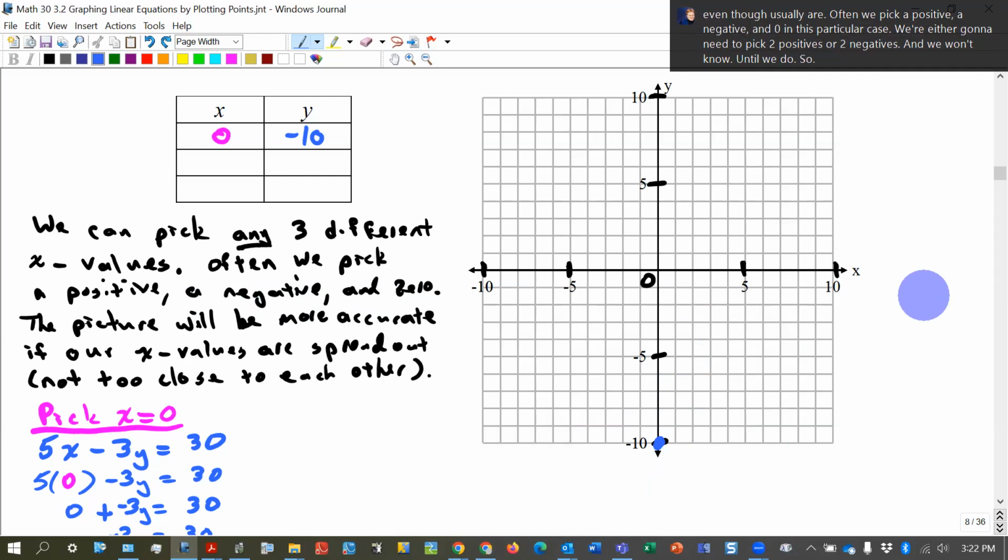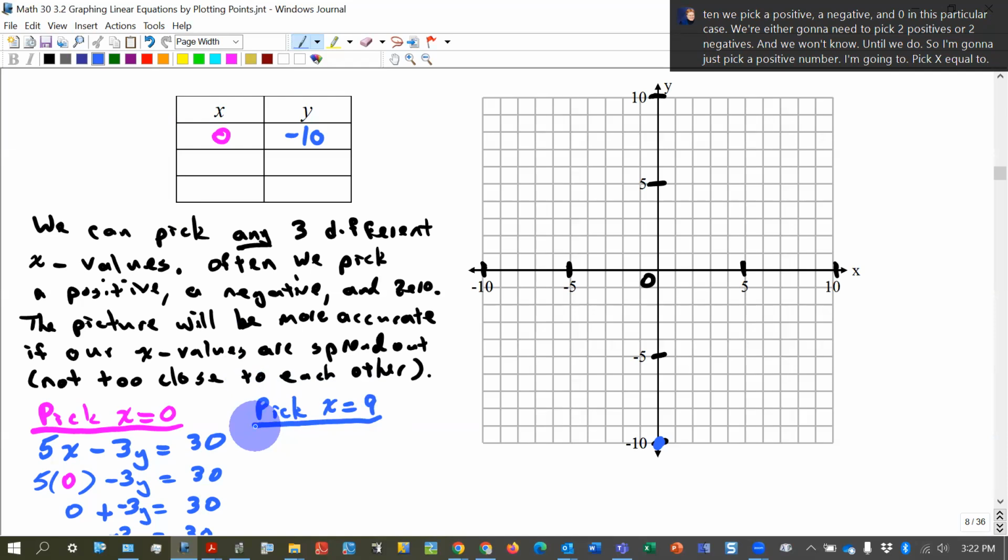So I'm going to just pick a positive number. I'm going to pick x equal to 9. You can pick any number you want.